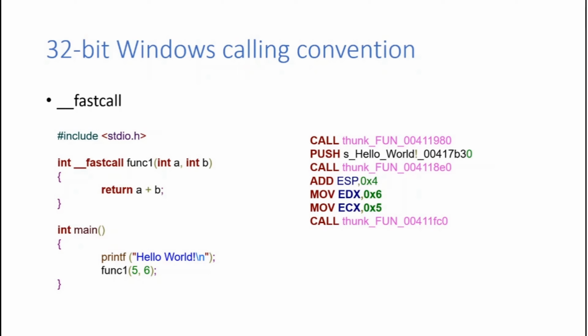In the fastcall calling convention, when we have a look at this example in which we are passing parameters 5 and 6 to function 1, the parameters are passed in EDX and ECX registers, and a call instruction is used to call function 1.